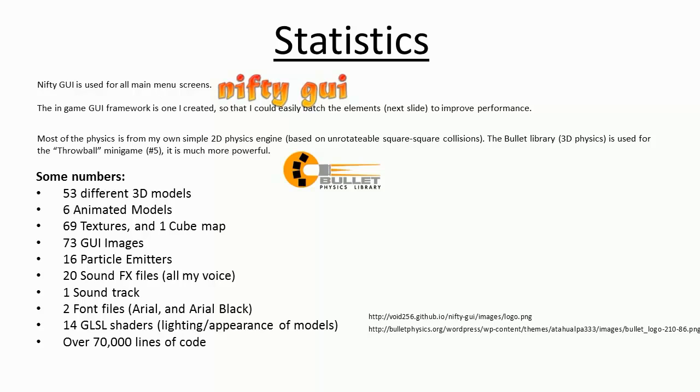And here's a few numbers about the final version. I had 53 different 3D models, 6 animated models in addition to that, 69 textures, 20 different sound effects, which I did myself, just one background sound track that I made in Fruity Loops, and 70,000 lines of code in total.